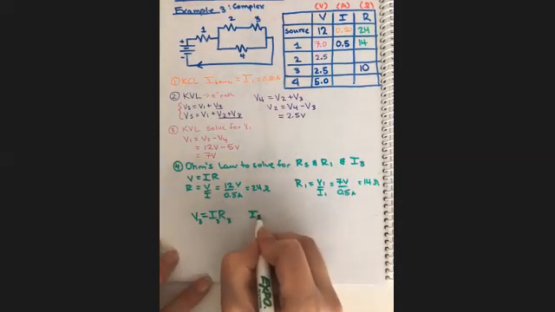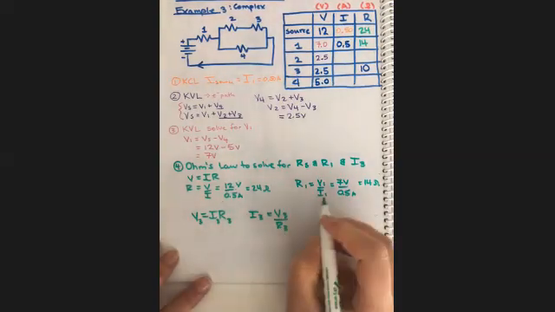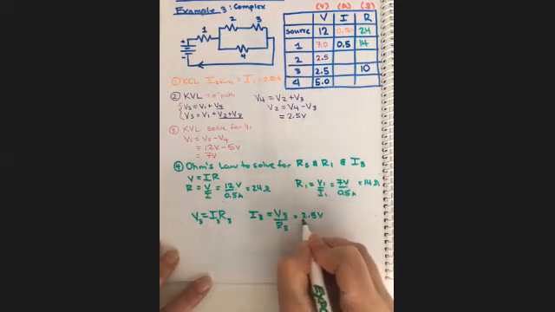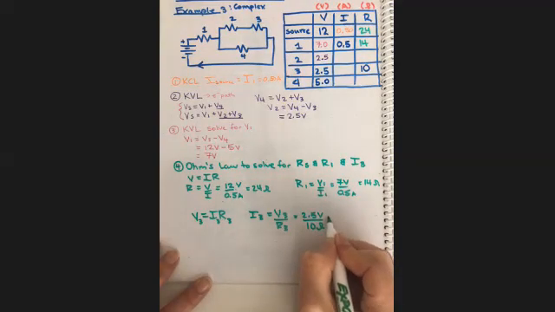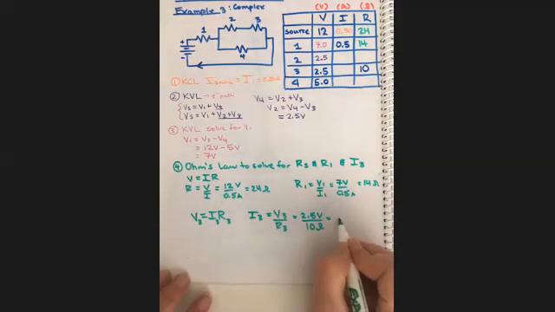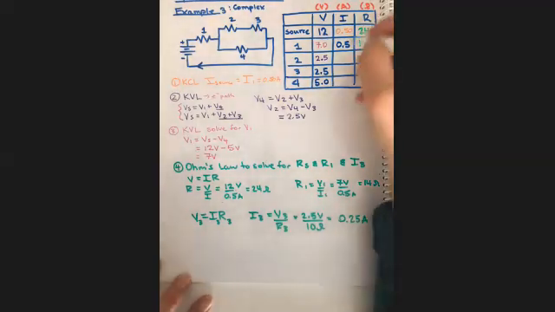So I3 is equal to V3 over R3, which is 2.5 volts divided by 10 ohms, which is 0.25. Hopefully you didn't have to use the calculator for that.